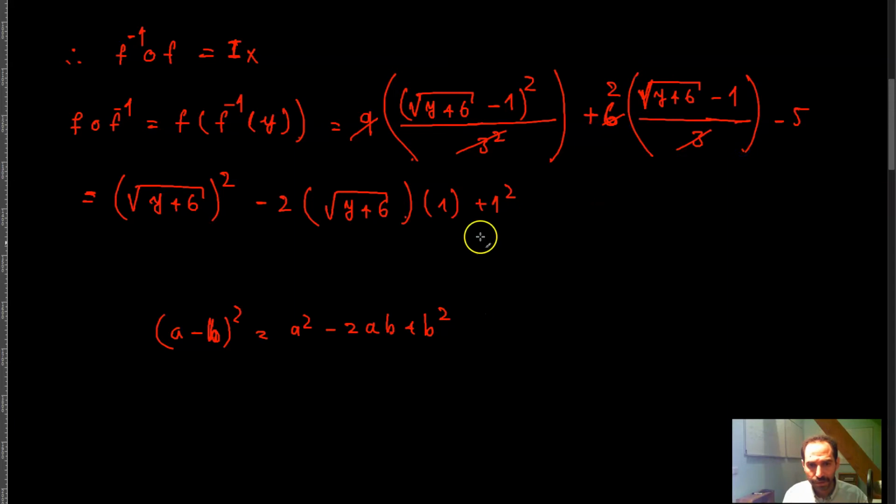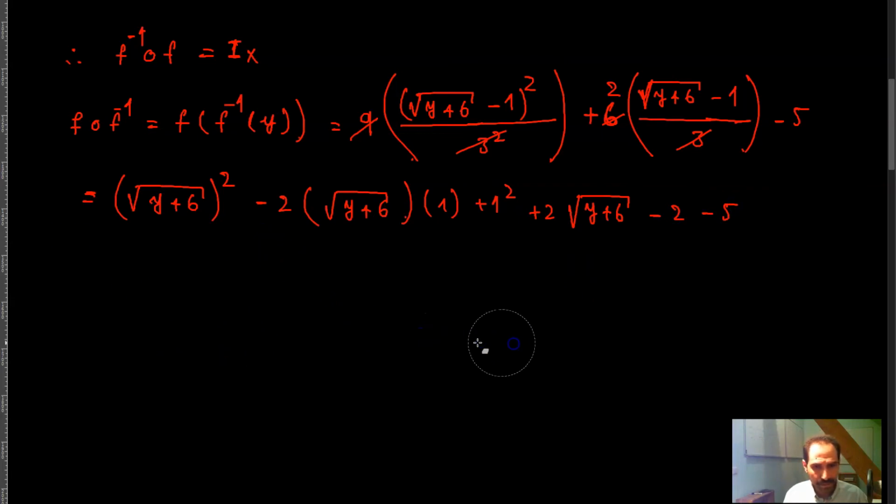So plus 2 times the square root of y plus 6, minus 2, minus 5.